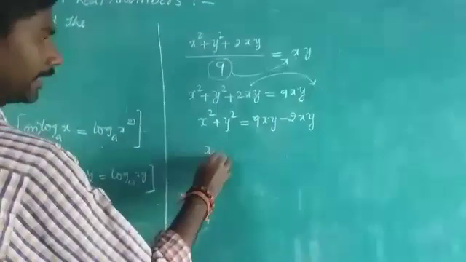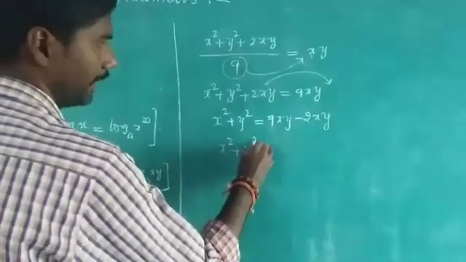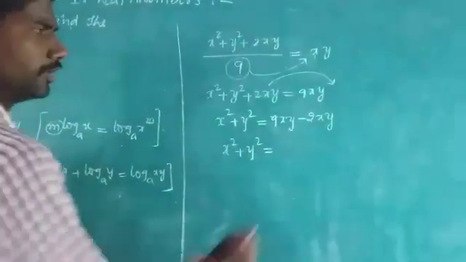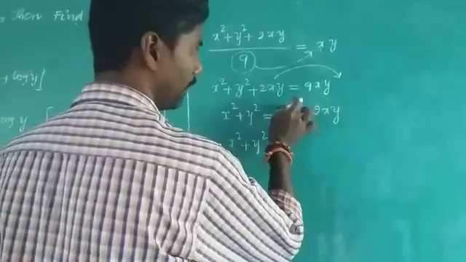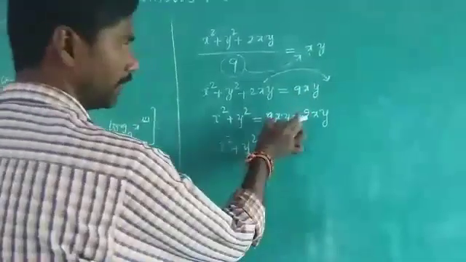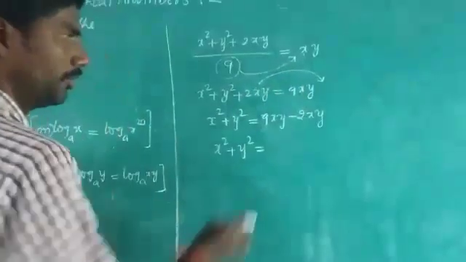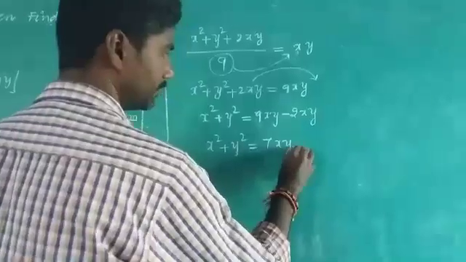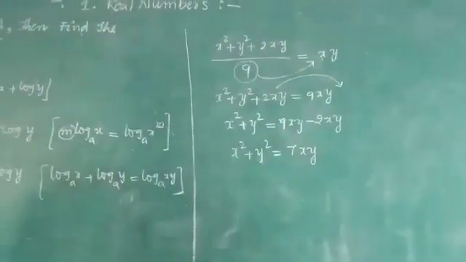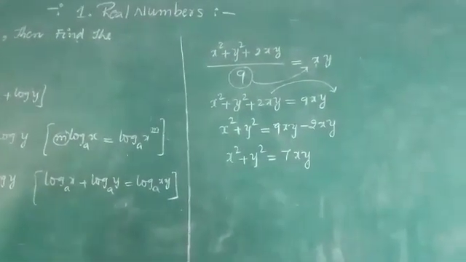So you can write x square plus y square is equal to, these two are like terms. See, x, y, the power is also the same. This power is 2, this power is 2. So you can subtract 9 minus 2, 7xy. So 7xy, clearly right?